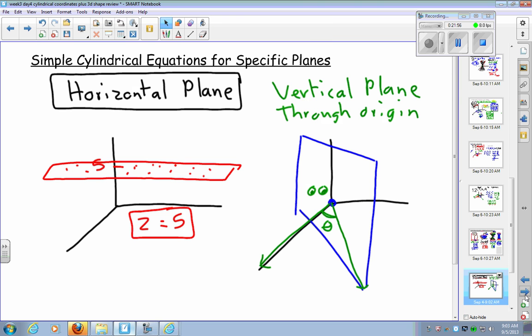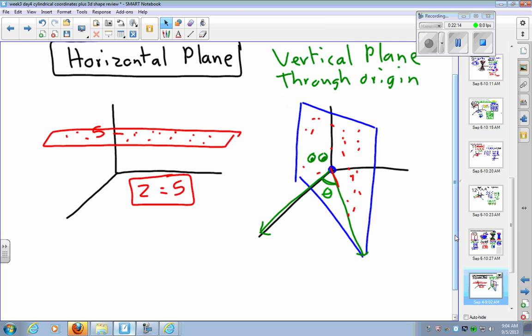Well, everywhere on this plane, dot, dot, dot, dot, dot, the x's change, the y's change, the z's change. You could argue the r's change because any dot, when it falls down, has a different length back to the origin. But what never changes? The theta.